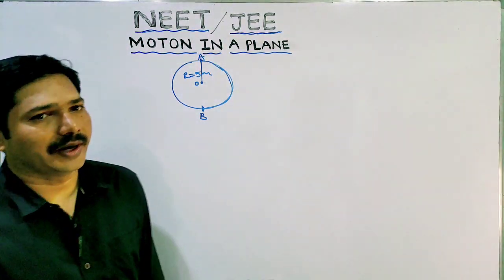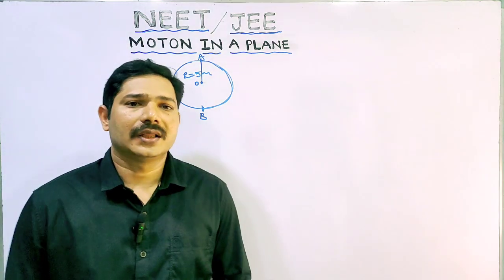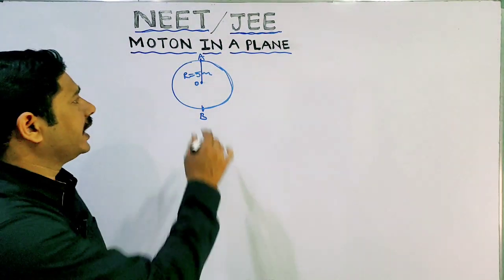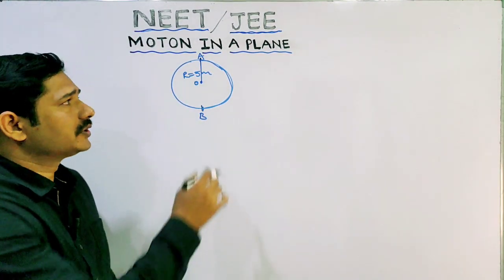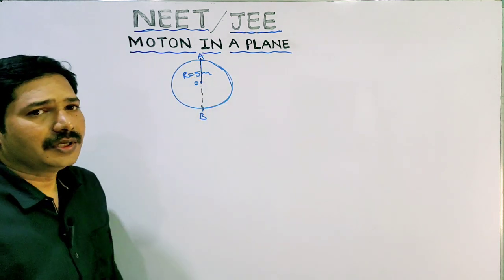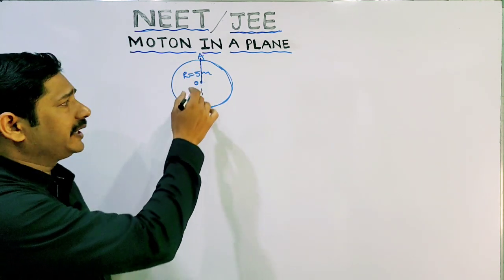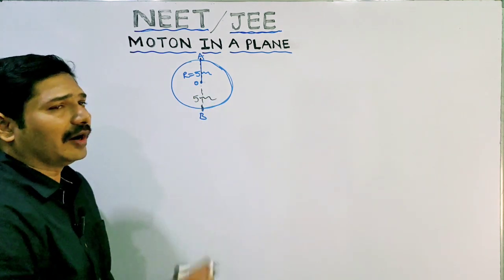How to find? So observe here, displacement vector. Displacement means the shortest path between the initial and final points. The initial point is A, the starting point. The final point is B. So A point to B point. Here the radius is given as 5 meters. O to A is 5 meters, so O to B is also 5 meters only.